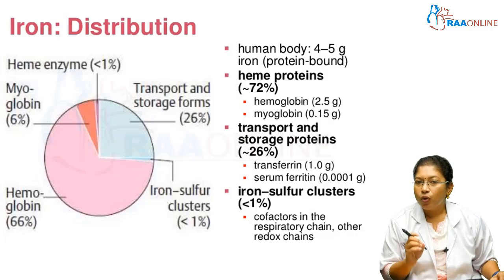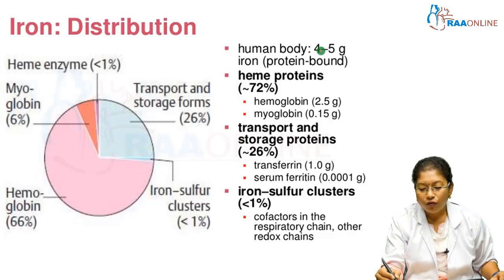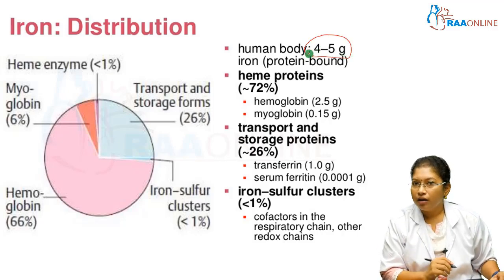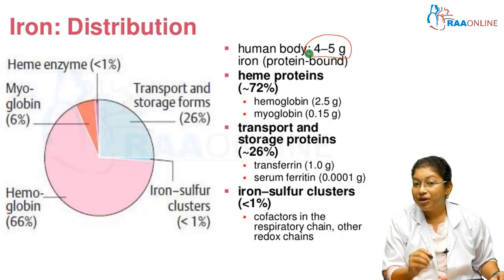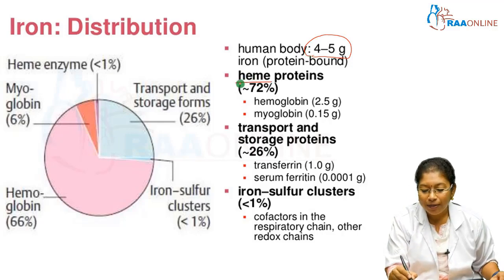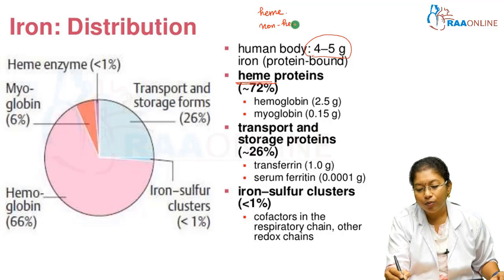Because the total iron present in our body is only 4 to 5 grams. In that, mostly it is present in the form of heme. That is why iron is classified into heme containing proteins and non-heme containing proteins.